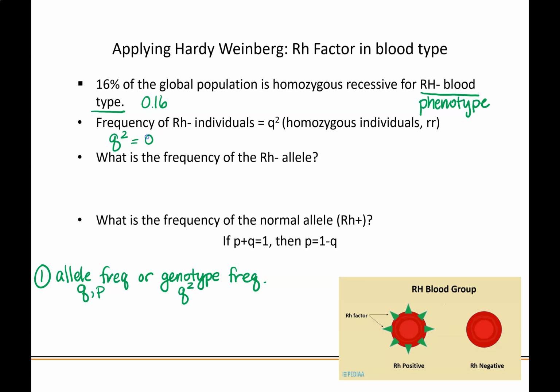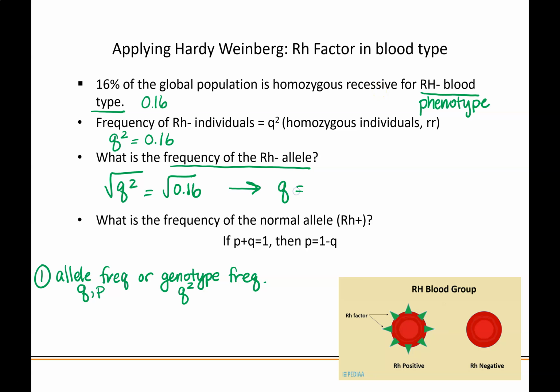We're told that q squared equals 0.16. Now we can determine the frequency of the Rh negative allele, and we do that by simply taking the square root of our homozygous recessive phenotype frequency.